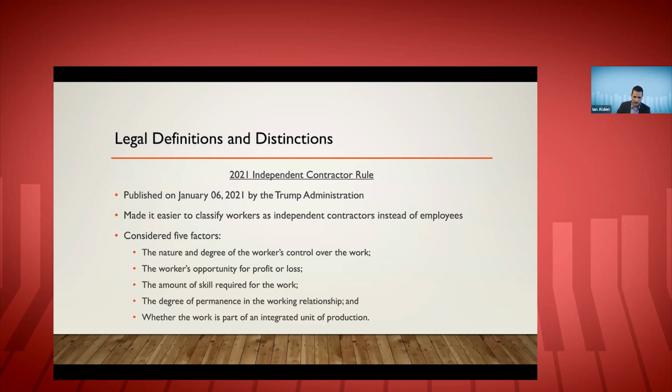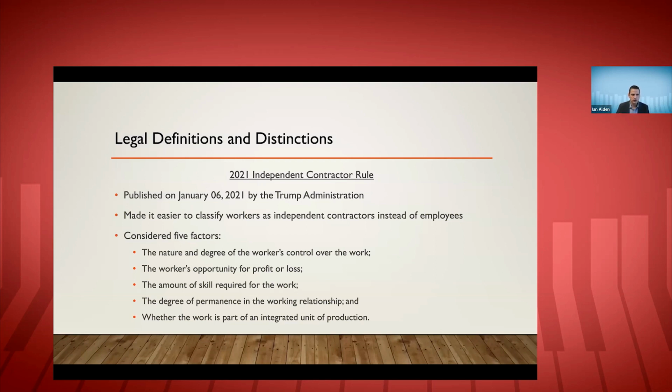The reason there's such an asterisk by this rule is Biden took office 2 weeks later, and has spent the last year and a half trying to get rid of it. His administration declined to implement or enforce it. Someone went to the courts and the court said, you have to enforce it. It's a published rule.